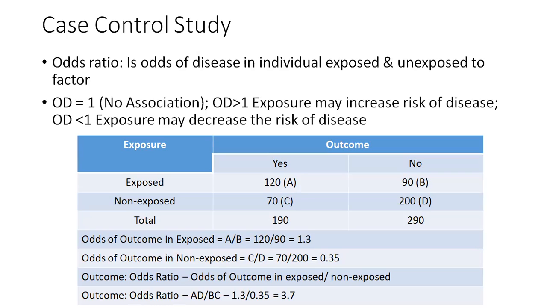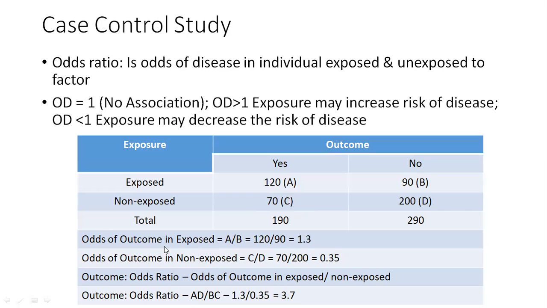So we look at this situation: we have a disease situation, and we have whether the risk factor was there or not. Let's say we have a table where 120 people who were exposed developed the disease, and 90 did not develop the disease. Similarly, 70 of the non-exposed developed the disease, whereas 200 did not develop the disease.